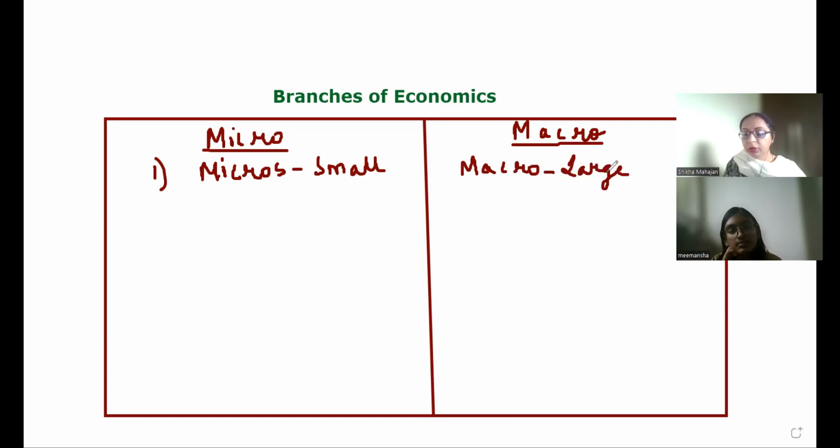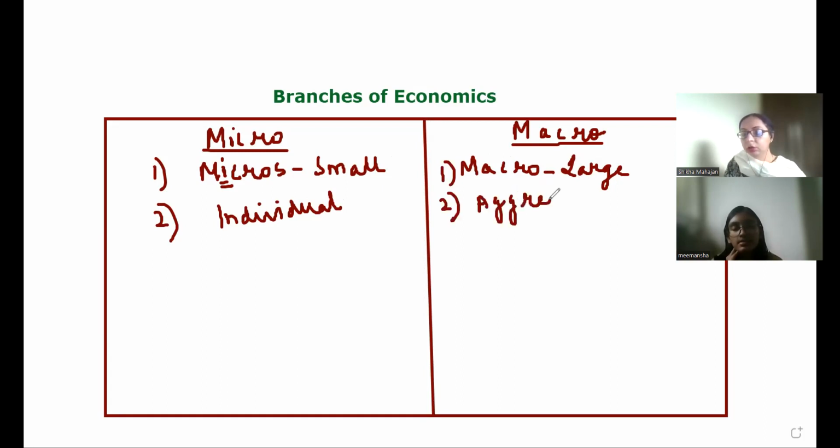This is simple, right? So this I, what does it stand for? Individual, right? And here we talk about aggregate, the whole nation, correct? It can be a combination.